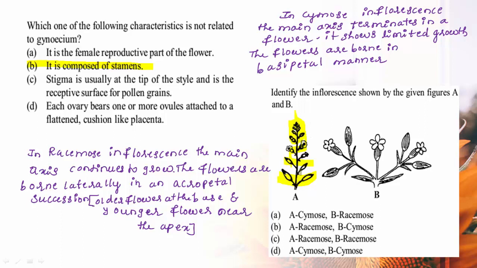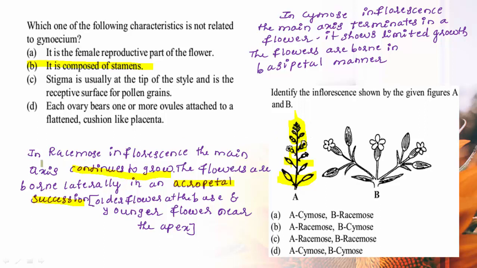So older flowers at the base, younger flowers at the tip, is acropetal succession or acropetal arrangement of the flowers. Here the main axis continues to grow because it is not ended with a flower.